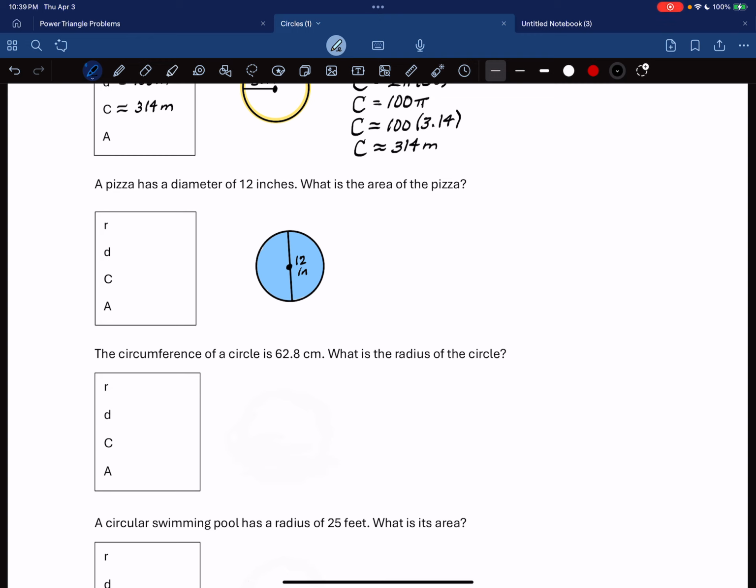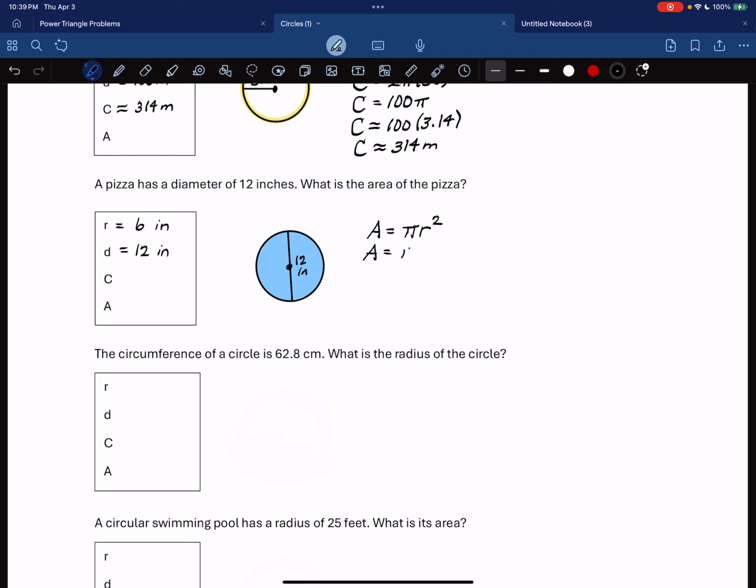And we're looking for the area of the pizza, and we know the diameter. So we know that D is 12. And so half of that would be 6. And we want to know the area. So pi r squared.